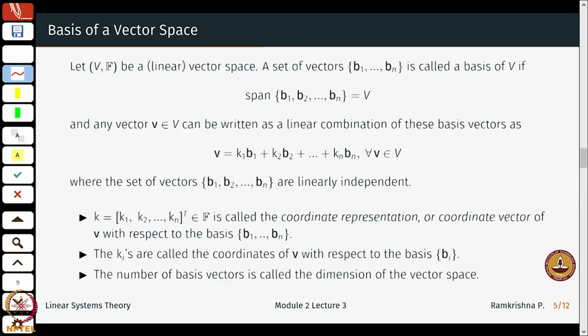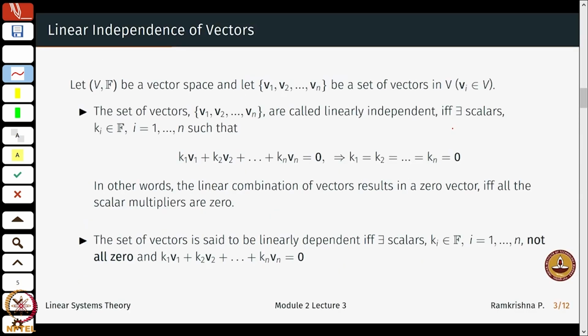So this is the assumption. Okay. Now, let us go back a few slides and look at the definition of linear independence. So if v1 till vn are linearly independent, then this is 0 if and only if these coefficients are 0. Okay.